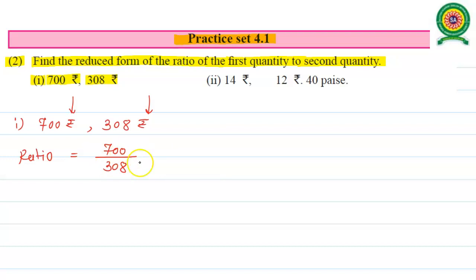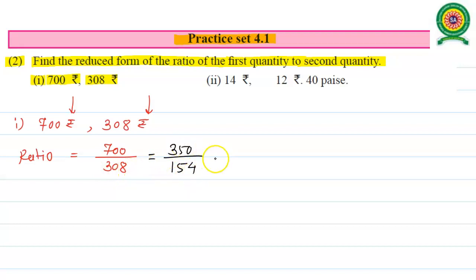Now use the property of divisibility. Once we are dividing both numerator and denominator by 2, we are getting 2 threes are 6... 350 and 2 ones are 2, 2 fives are 10, 2 fours are 8. So 154 twos are 308.